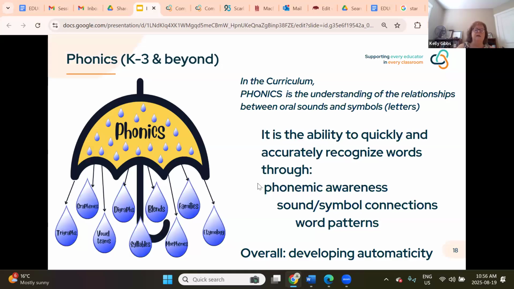So in the K-3 curriculum, and I'm not going to show you the guide again, but basically we look in the curriculum about understanding the relationships between oral sounds and symbols and the ability to accurately recognize words through phonemic awareness, sound symbol connections, and word patterns. And again, building that automaticity.